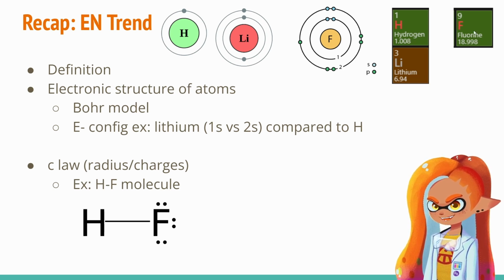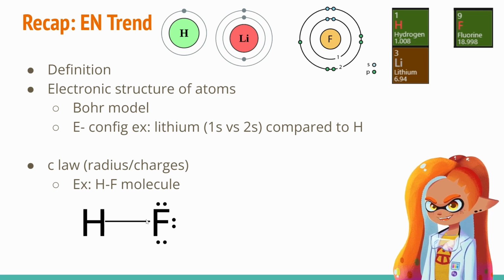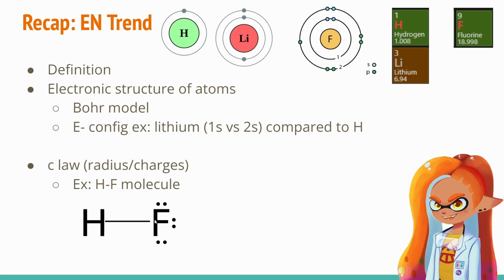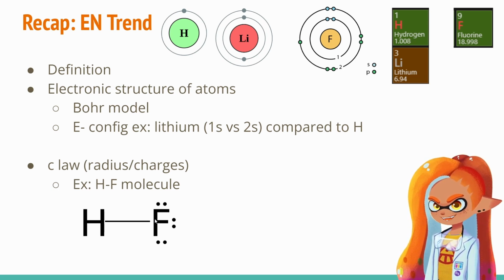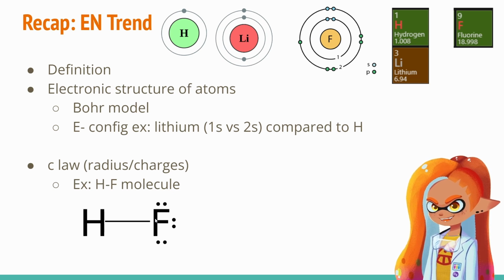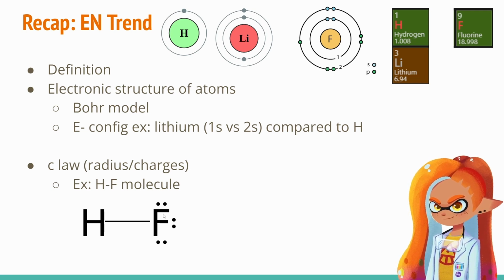So fluorine is the highest. We ignore the noble gases because they don't really want to share their electrons. So we're going to focus on fluorine. Fluorine is super strong because it is the most electronegative atom in our trend. And so we could talk about how the shared electrons here get shared unequally between the H and the F. And so let's think about Coulomb's law, why, right?